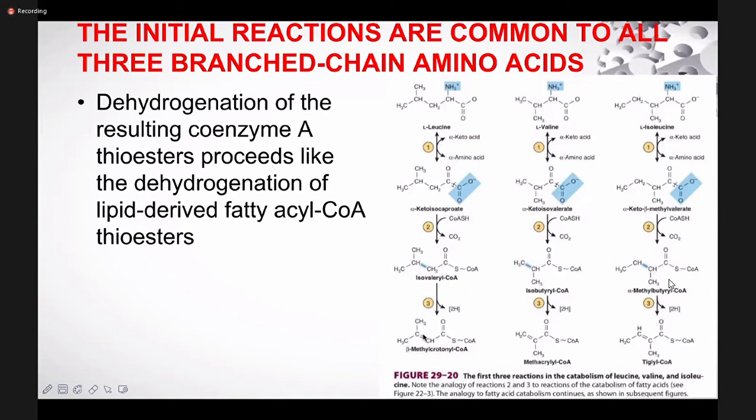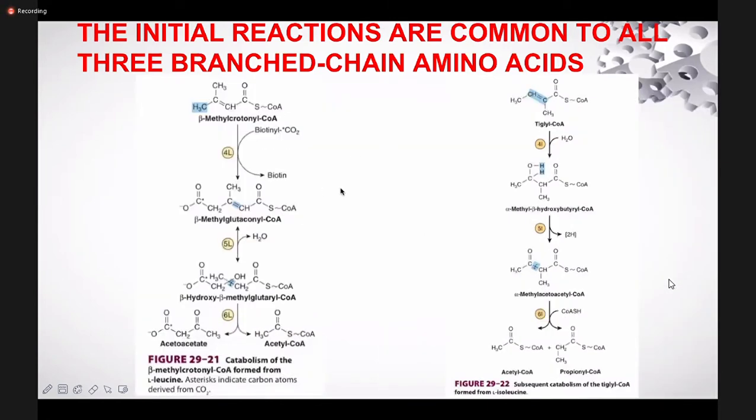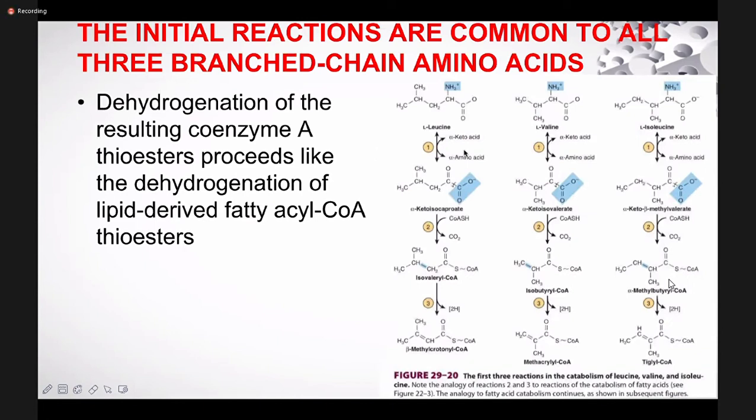So, 5 enzymes are involved in the very first reaction to form these coenzyme A thioesters. And this now proceeds like the dehydrogenation of lipid-derived fatty acyl-CoA thioesters. So these are the individual reactions for the further breakdown of the individual branched-chain amino acids.